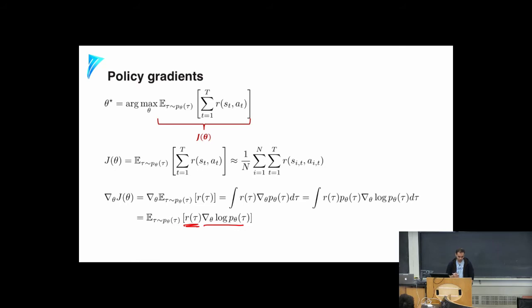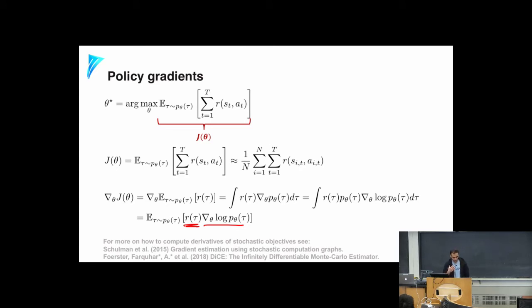So now to estimate the gradient, we can just sample a bunch of trajectories and then compute these values in the brackets here. Just average them over the sample trajectories, and we'll get an unbiased estimator of the gradient.